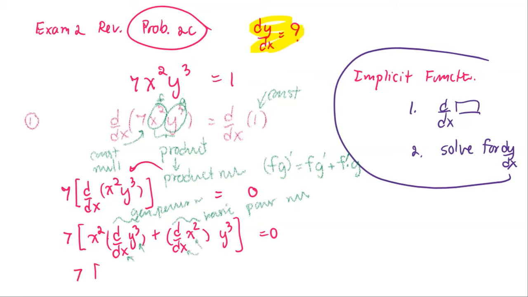Then we get 7 multiplied by the quantity x squared times 3y to the second times y prime. I will change the notation later since y prime is dy by dx. And then the derivative of x squared with respect to x is 2x, multiplied by y to the third, equals 0.